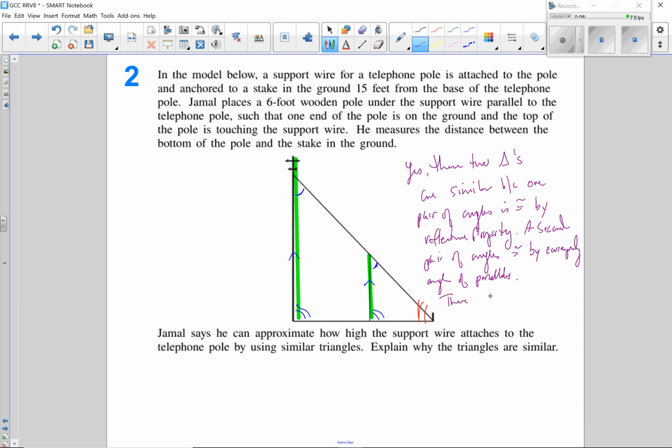Therefore, the two triangles are similar by angle-angle similarity.